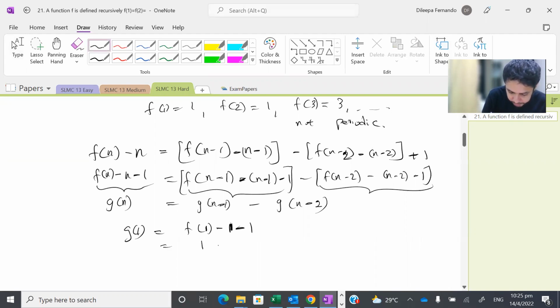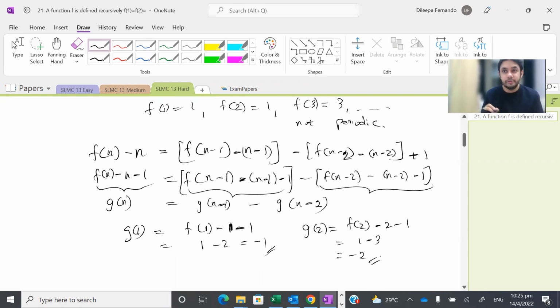So F1 is 1, minus 2 equals minus 1. G1 is minus 1. G2 similarly, F2 minus 2 minus 1, 1 minus 3 equals minus 2. So now you know the values of G1 and G2.